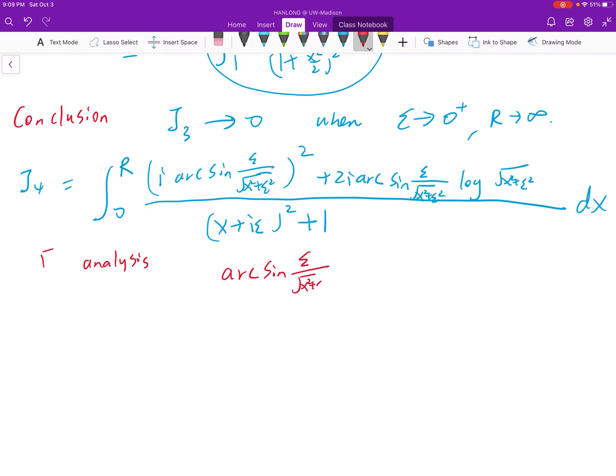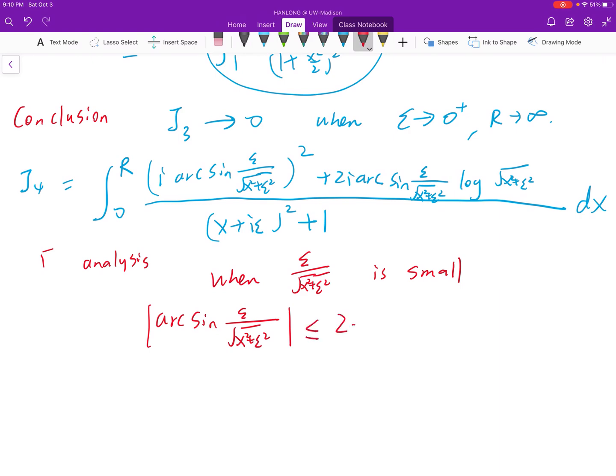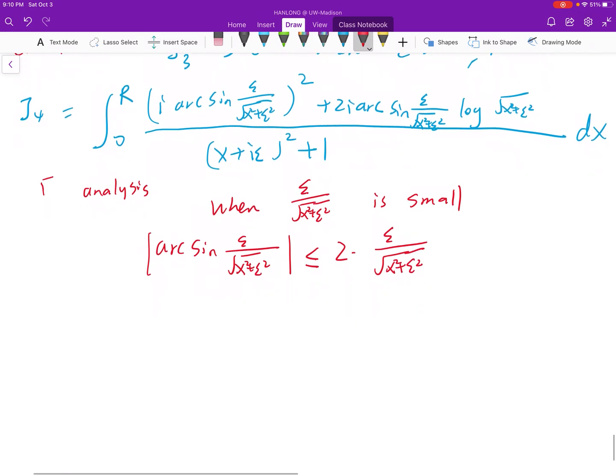And for this one, when the argument is small, so arc sine, this function is bounded by 2 times epsilon over x squared plus epsilon squared, square root. So this is a good estimate.